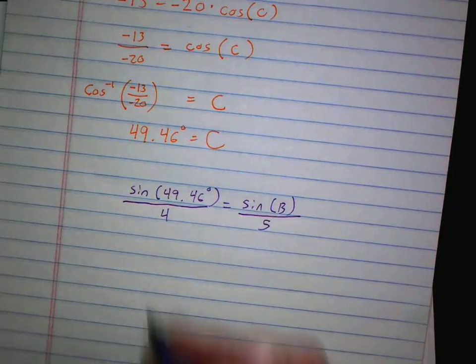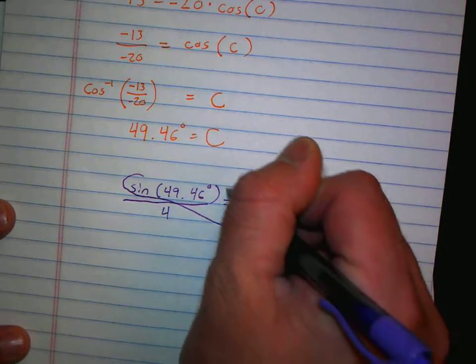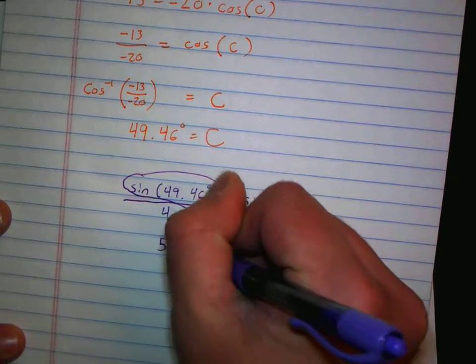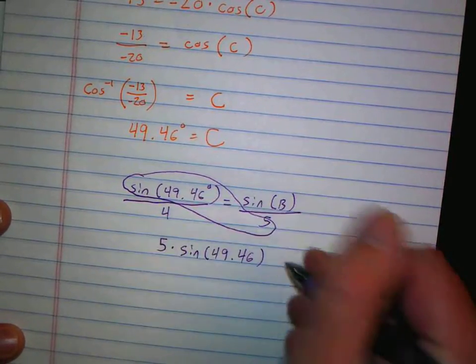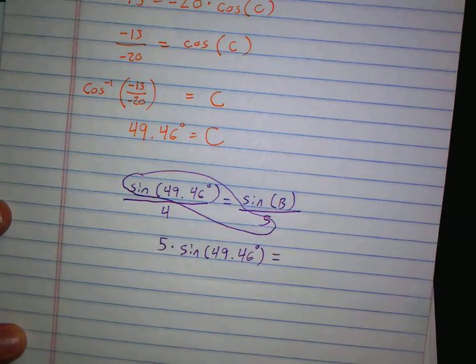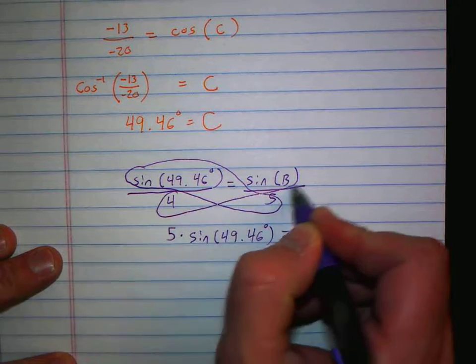Again, cross multiply. So we got 5 times sine 49.46 equals 4 times sine of B.